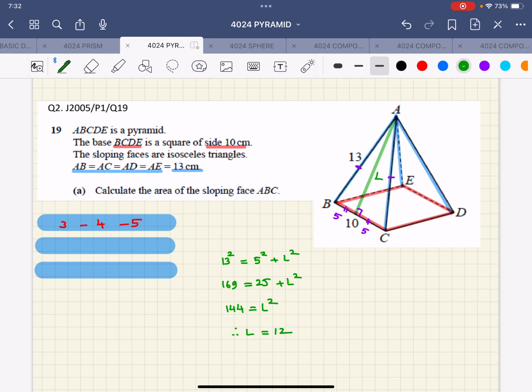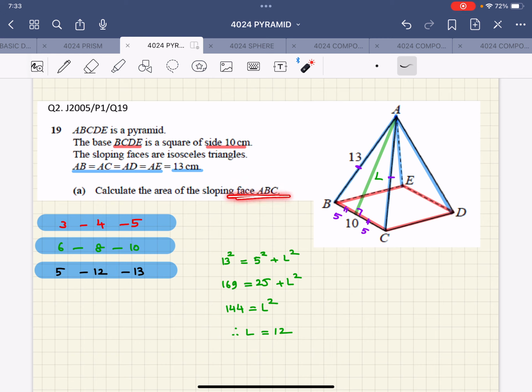Double of that is 6 and 8 and 10. And then the next important one is 5, 12 and 13. As soon as I pointed out 13 and 5, I knew that this length would be 12. It's just a formality that I have to do the calculation, but I have to do it. So L is equal to 12.